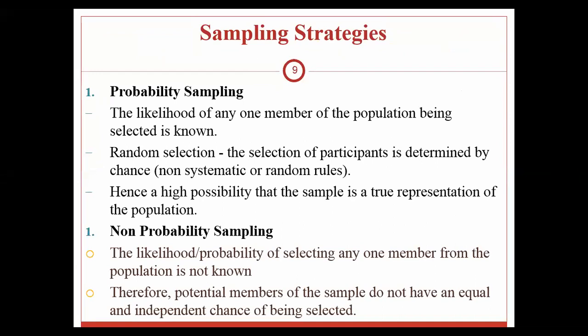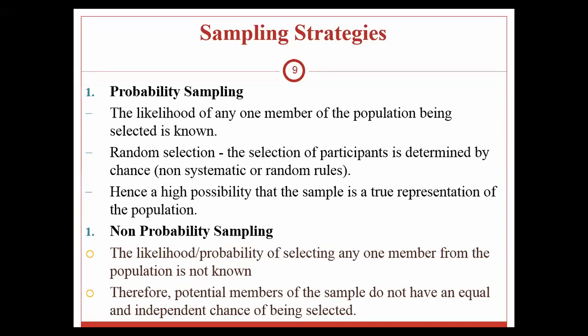And there we have random selection, such that the selection of the participant is determined by chance, not by systematic or non-random rules. Because of that, there's a high possibility that the sample is a true representation of the population, since each member of the population has a known probability of being selected, so you can choose randomly and have a true representation.